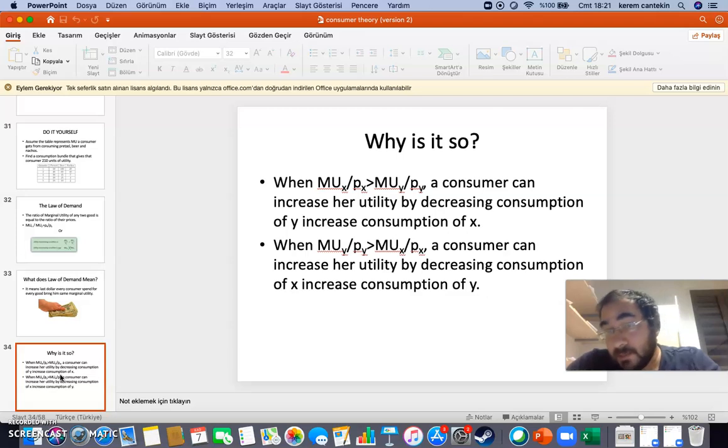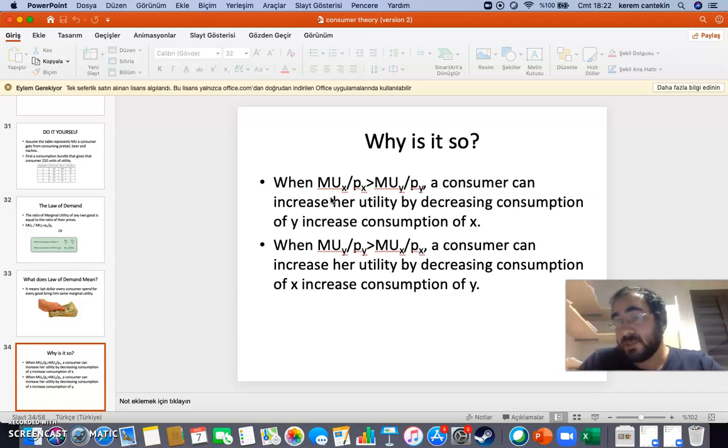So in the end, we are assuming the consumer knows his preferences from the very beginning, and thinks about these different possibilities and then makes the decision. You might say, okay, if I buy more y, I will not be able to maximize my utility, so I will rather buy relatively more x and balance my consumption.